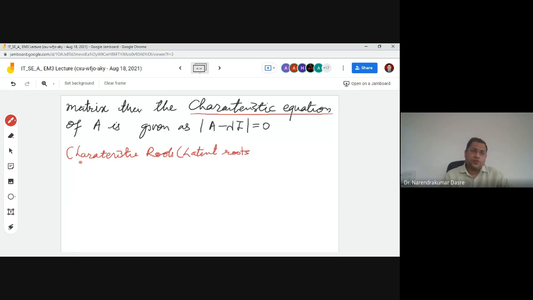How do we get these roots? Let A be a square matrix.